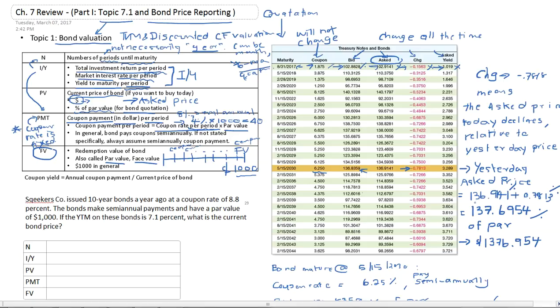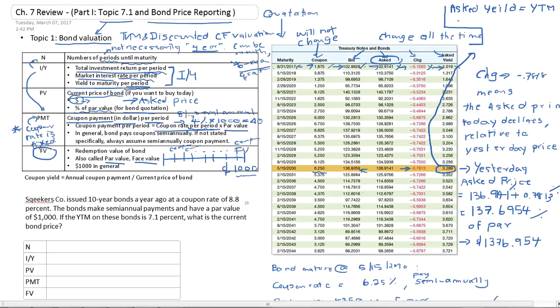And what else? The last piece that you see here is called ask yield. It actually just tells you the total investment return for this bond. Ask yield is the same as yield to maturity.